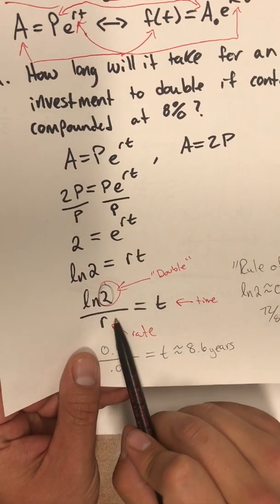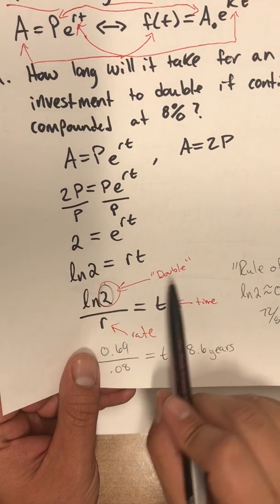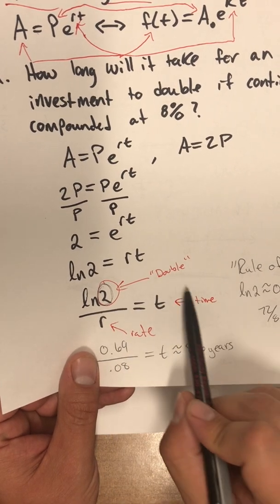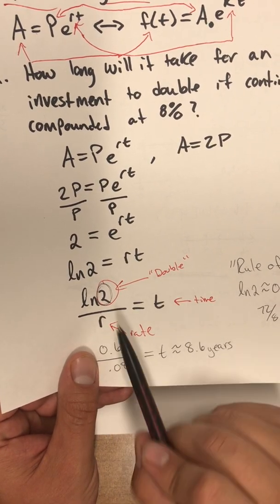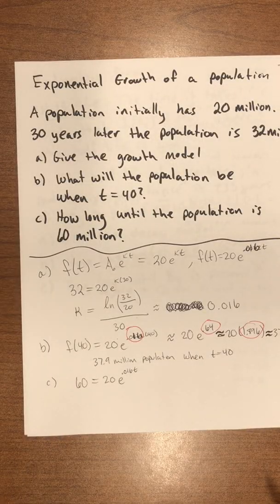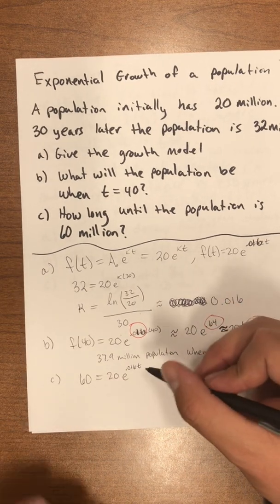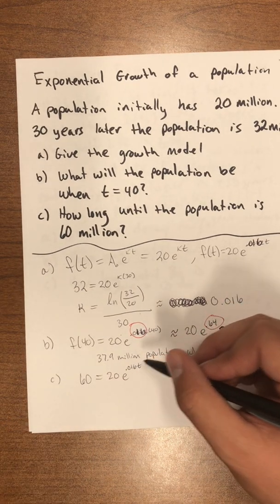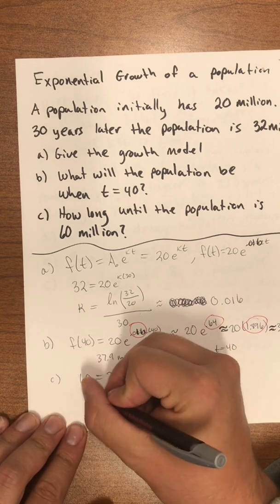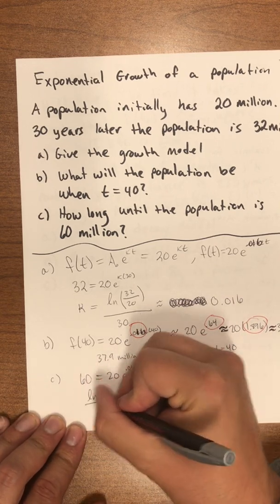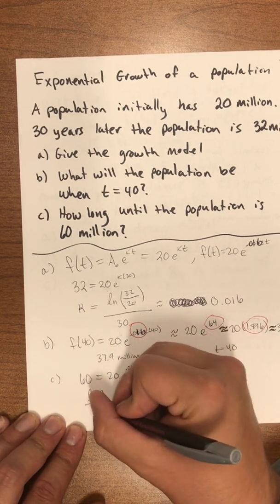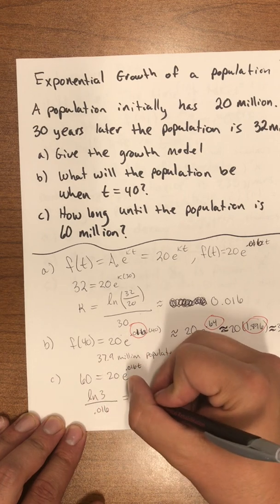the natural log of 2 over the rate for doubling your investment, so this ends up being the exact same scenario. We're going to triple the amount, and then rather than using an r, we call it k in just the generic exponential growth. So the natural log of 3 divided by 0.016 is the time to triple.